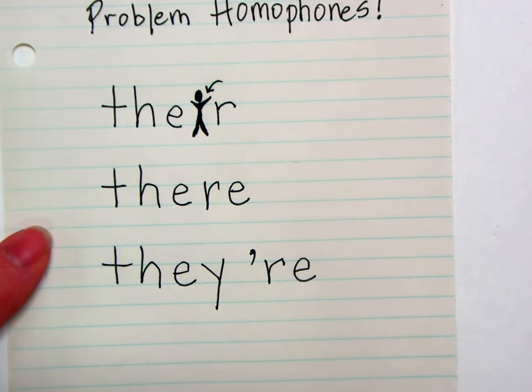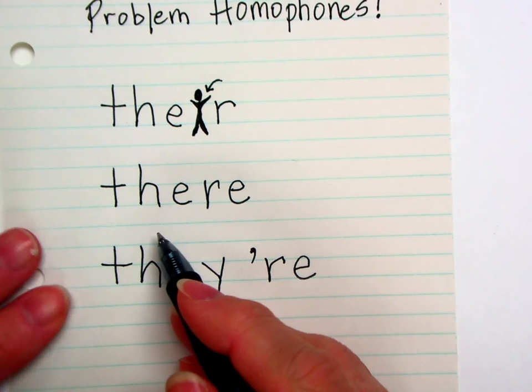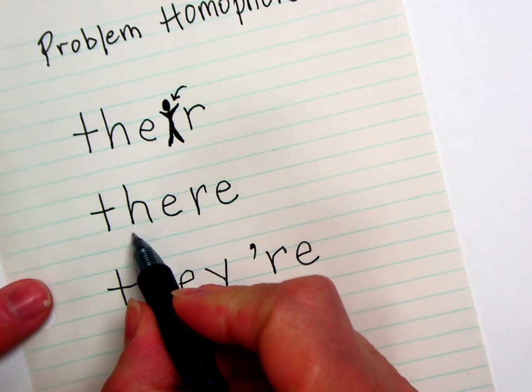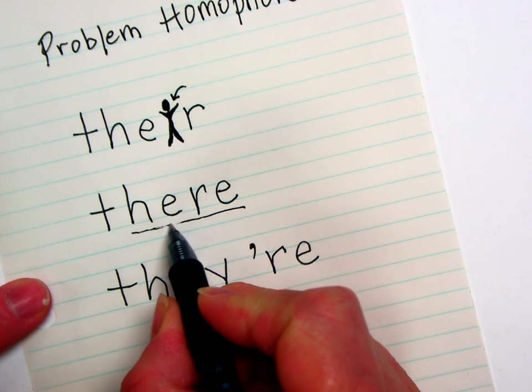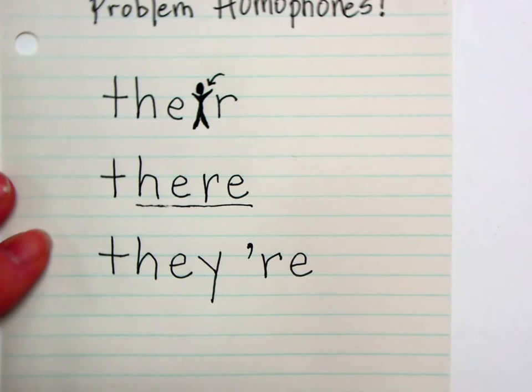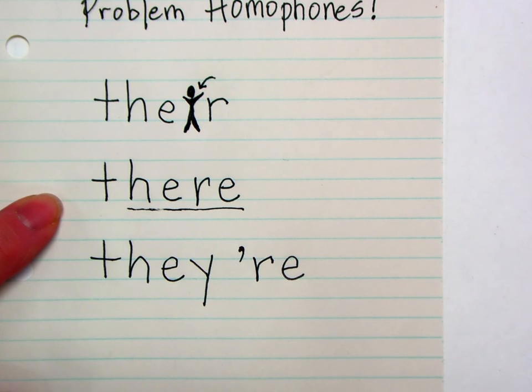The next one, T-H-E-R-E, has to do with a place. One thing that you might notice is the word here right inside the word there. You can say, well, where should I put it? I could put it here or there. So here is a specific location that is close to you, and there is a specific location that is farther away from you.